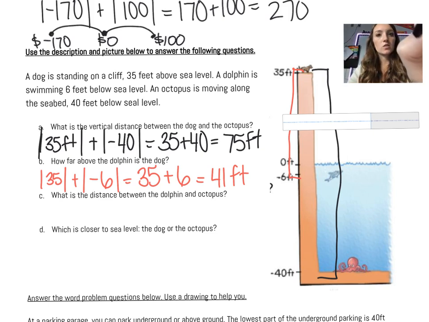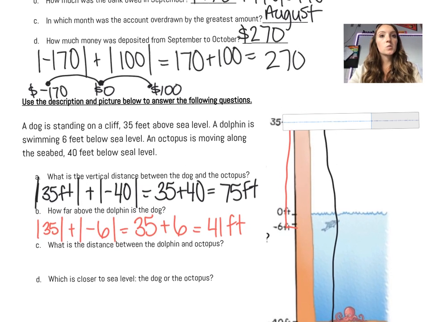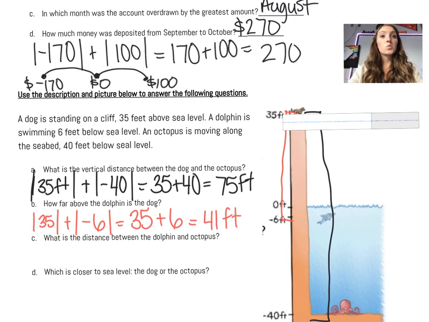If we notice so far, what we've done in problem A and B here, as well as problem D, is we've had one number that's negative and one number that's positive. All three of those times when we've had a positive number and a negative number, we've added those distances together.